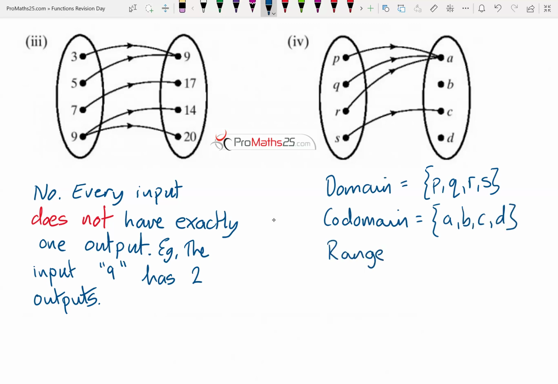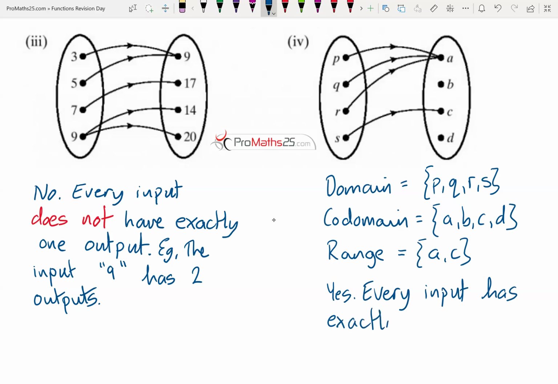That's the set of actual outputs, A and C. Does every input have exactly one output? Yes. Every input has exactly one output. So it is a function.